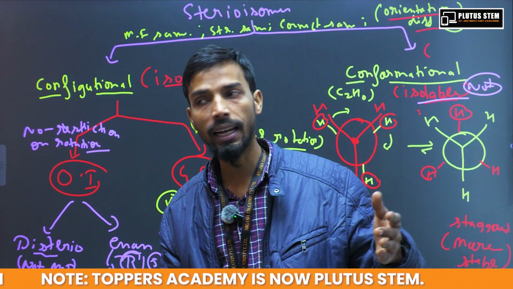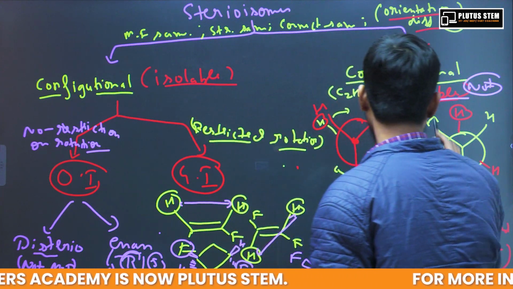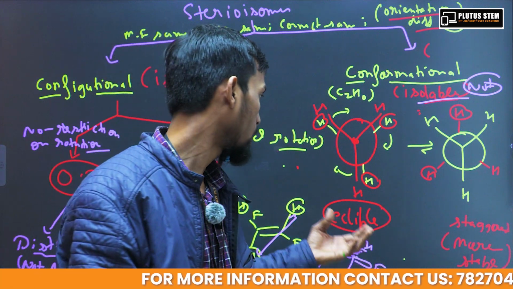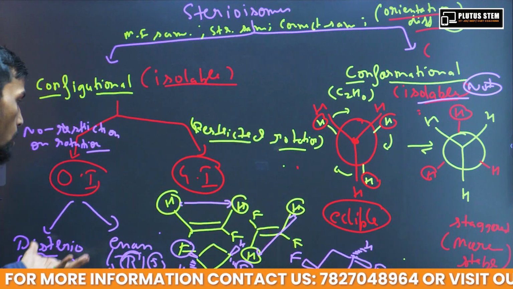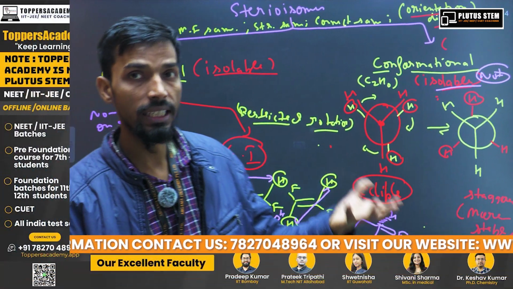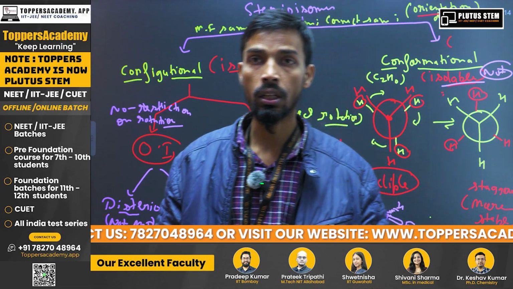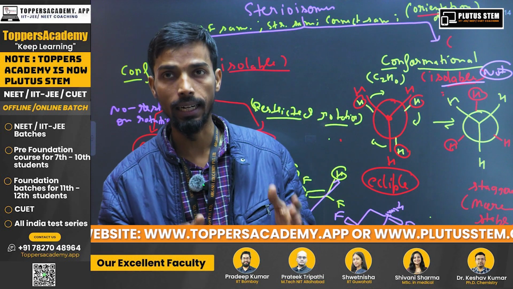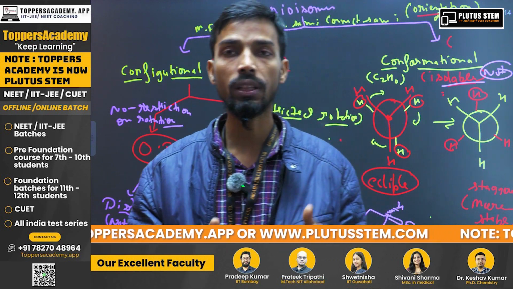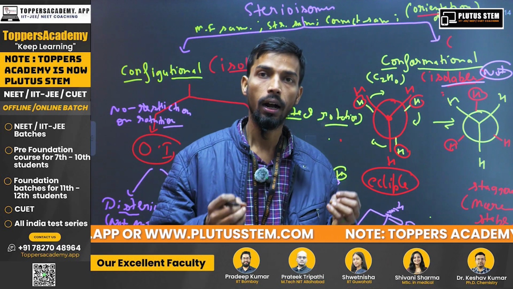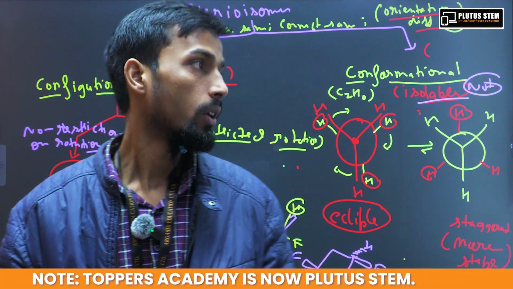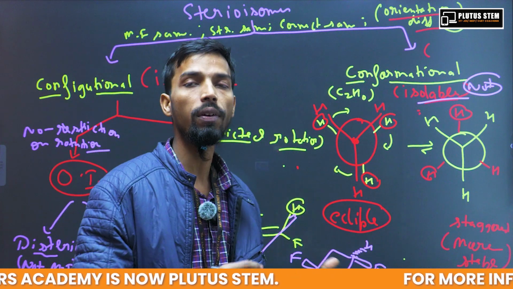In the upcoming lectures, we are going to discuss all these stereoisomers, such as configurational, conformational, diastereomer, enantiomer, cis-trans, E-Z, anti-syn, in quite detail. So continue with this series so that you understand all the concepts better.